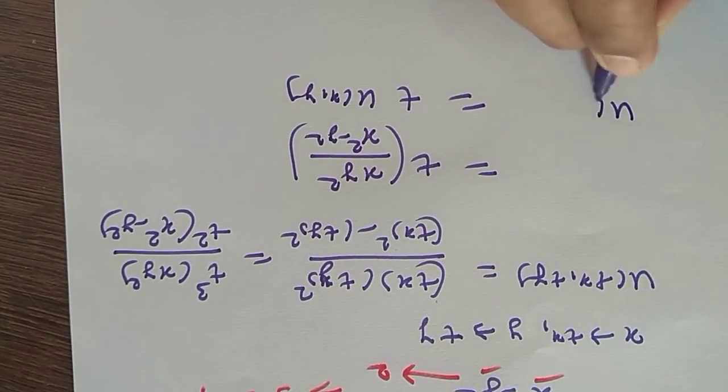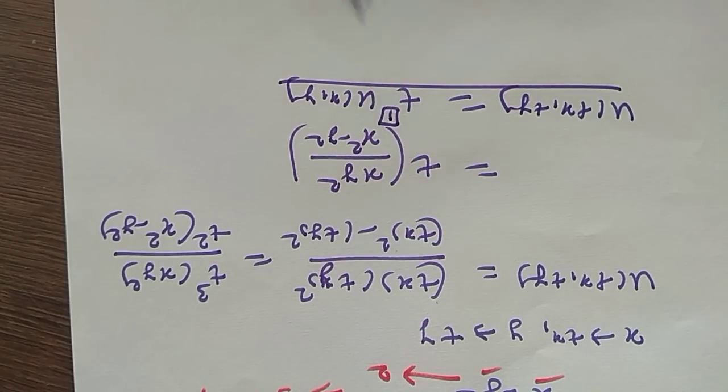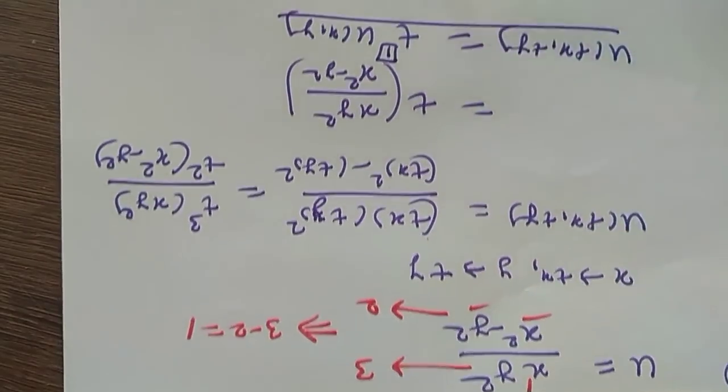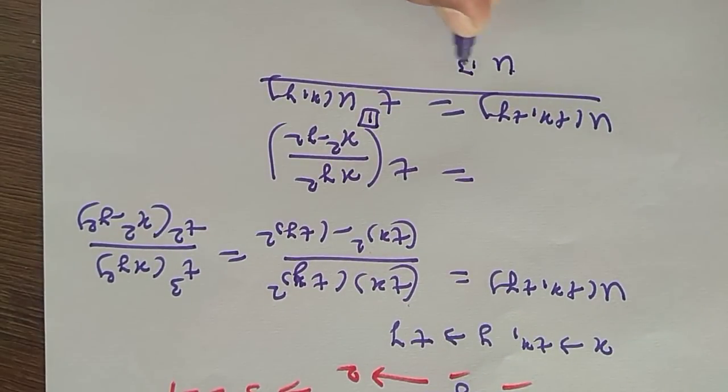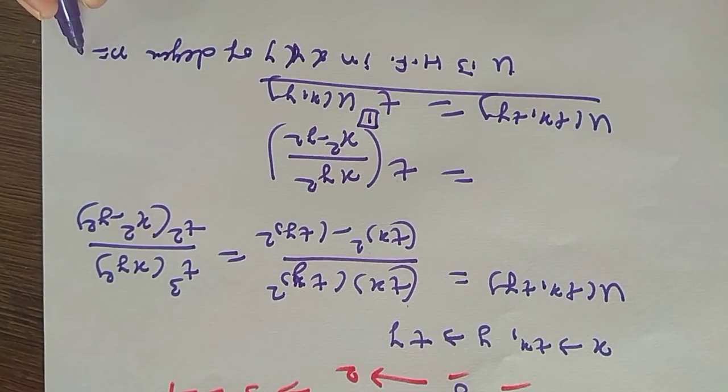Here the power is 1. Therefore this function u is homogeneous in x and y of degree n equal to 1.